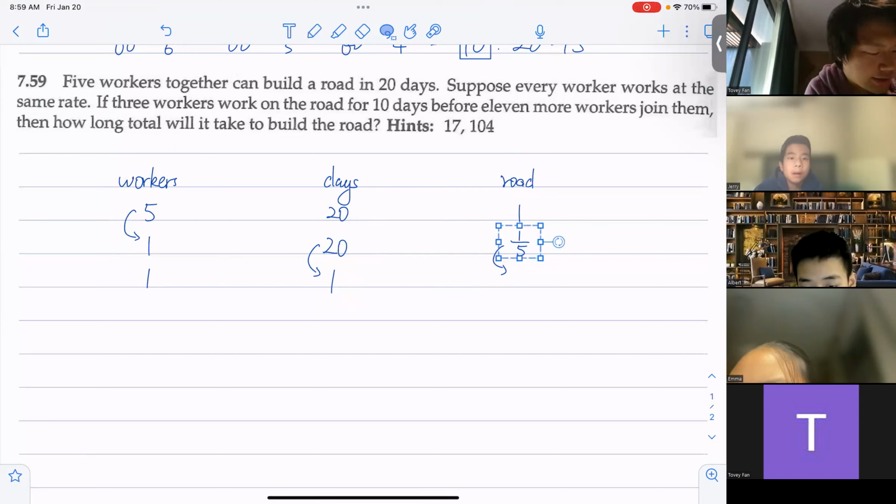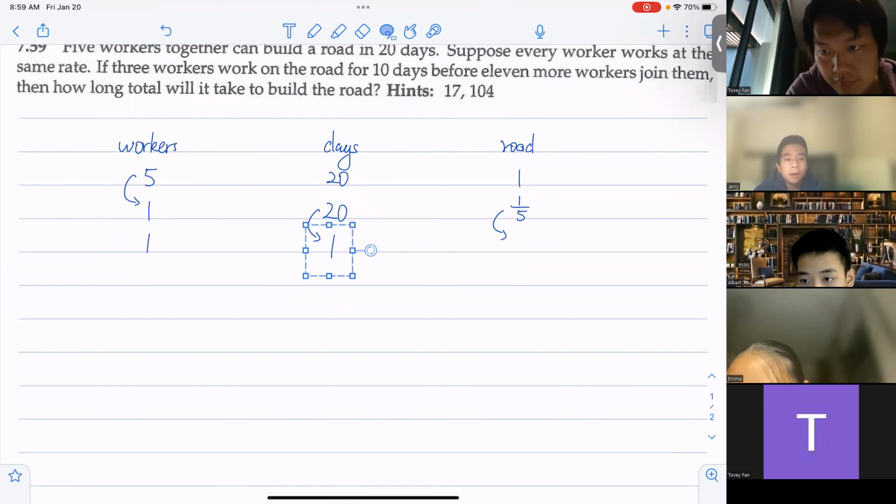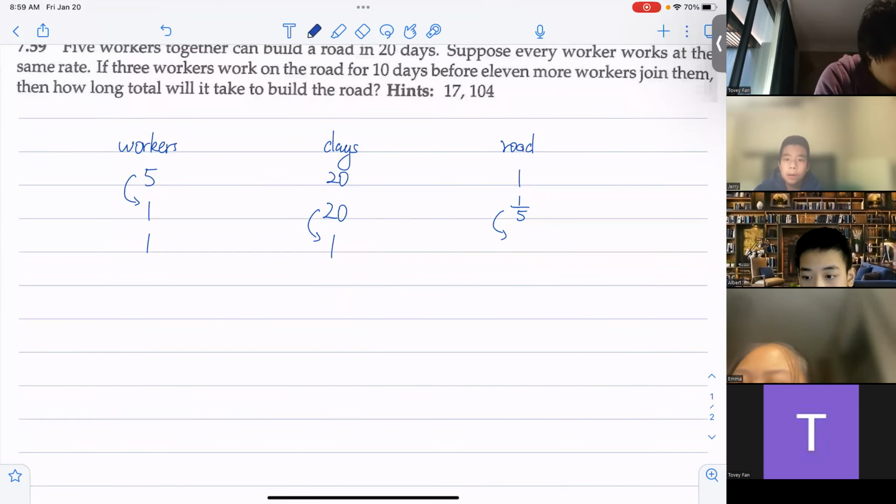It's like if you can finish a class in 20 days, then in one day you finish 1/20th of the class. It's very straightforward. So here you divide by 20: 1 over 5 divided by 20 means 1 over 5 times 1 over 20.